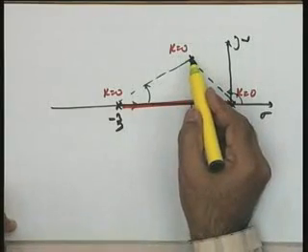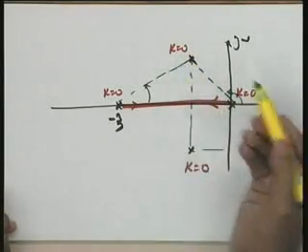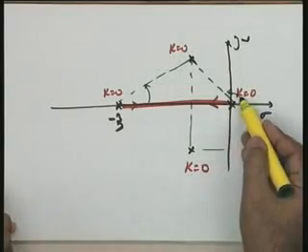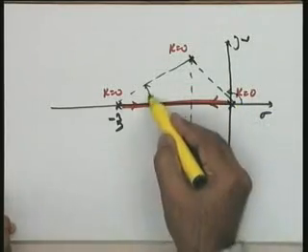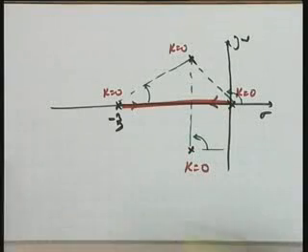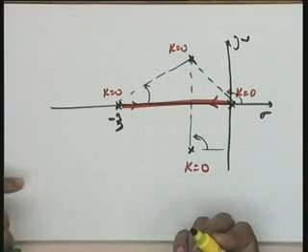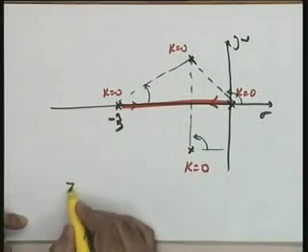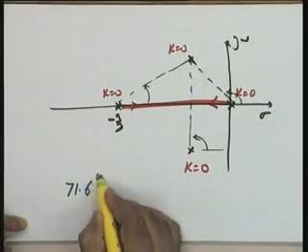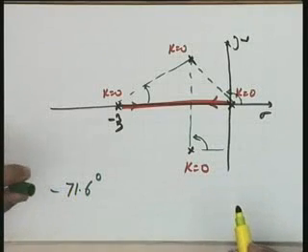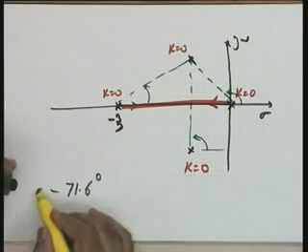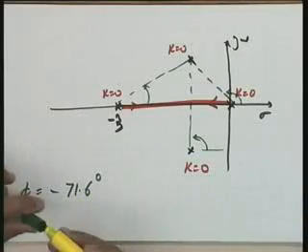So, the phi p angle is going to be plus minus 180 degrees, minus this angle, minus this angle, minus this angle, and the result available with me, which may be wrong because after all it is a rough graphical calculation, you can check it, but I will give you the numerical values which I have got. It is minus 71.6 degrees, equal to phi p.